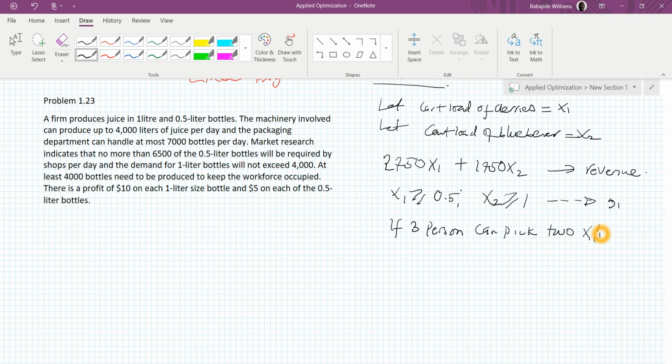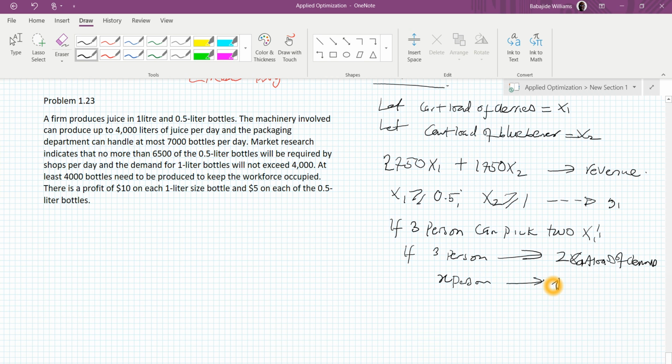Hypothetically, how many people can pick 1 cartload? Look at the math. If 3 persons can pick 2 cartloads of cherries, how many persons can pick 1?